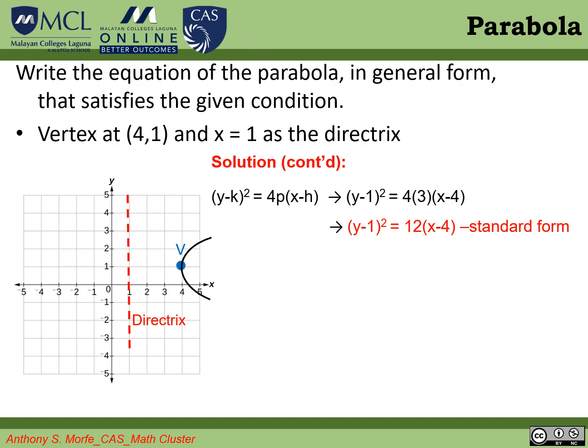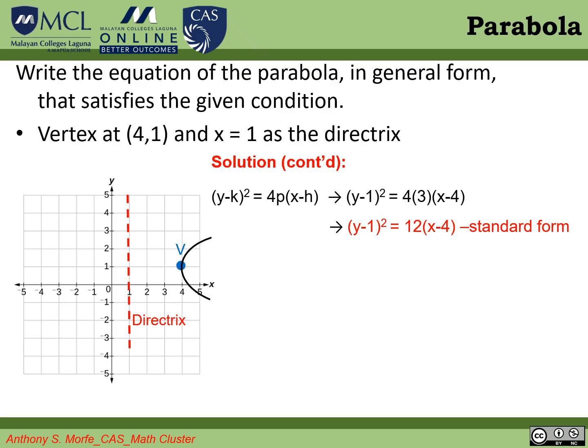So the resulting equation, after we substitute the values that we have calculated and also the ones given in the problem, is the quantity y minus 1 squared equal to 12 times the quantity x minus 4. So this is the standard form.